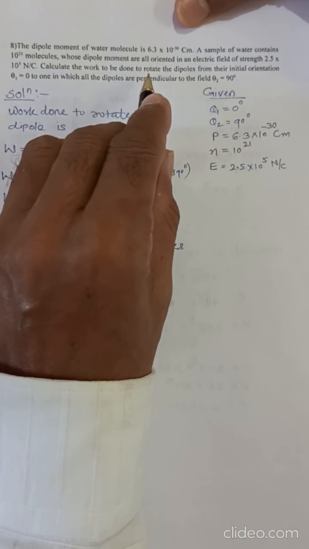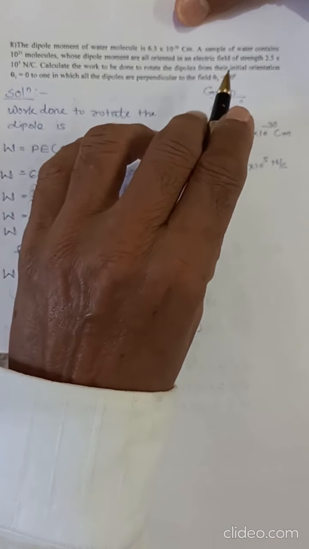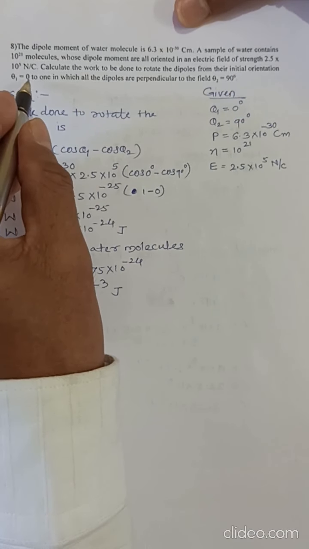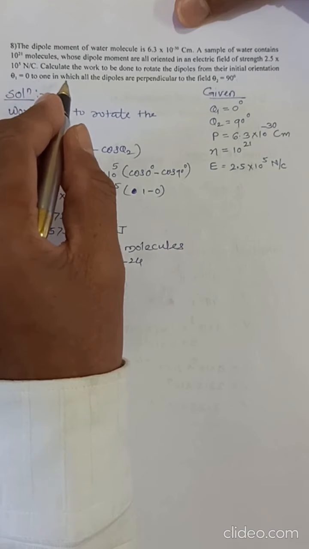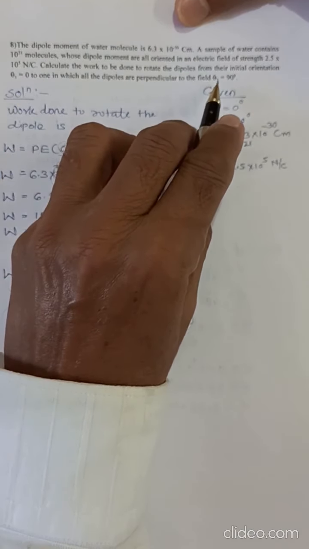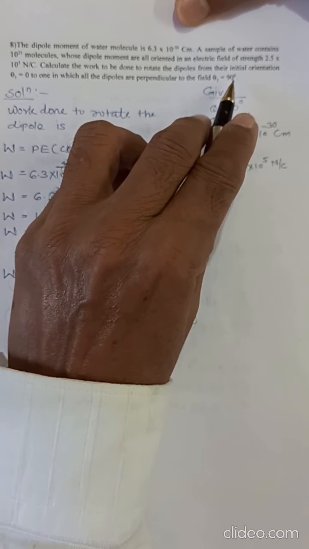Calculate the work to be done to rotate the dipoles from their initial orientation theta 1 is equal to 0 to one in which all the dipoles are perpendicular to the field, that is theta 2 is equal to 90 degree.